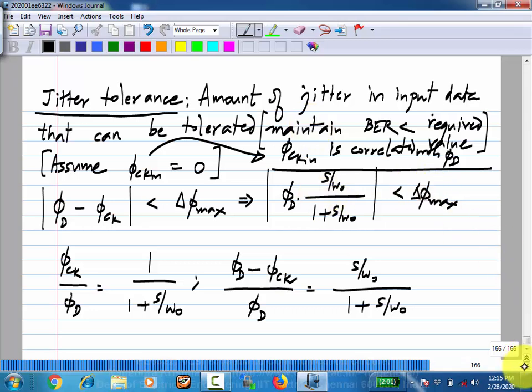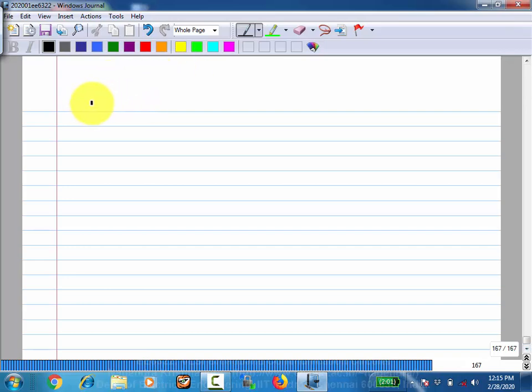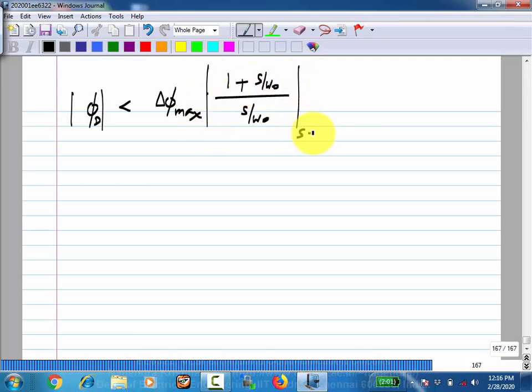So now we want essentially to satisfy this requirement: this should be less than whatever phase deviation you can tolerate times, what is it? And you have to substitute s equals j omega, where omega is the jitter frequency.